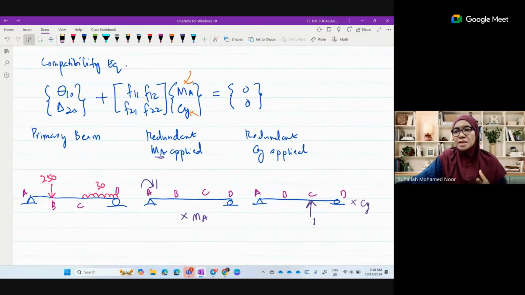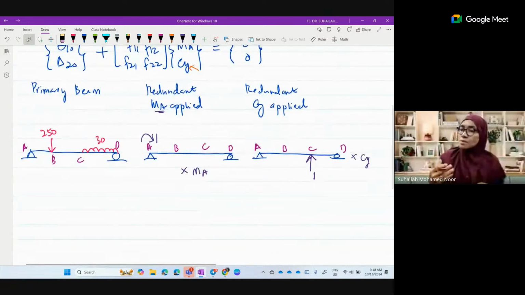So moment equation we get from reaction. That's why reaction tu yang first kita kena calculate. Sebab kalau without reaction, we cannot write moment equation. So kita calculate reaction sebab kita nak moment equation. Okay, so itu sebab tu kita buat.